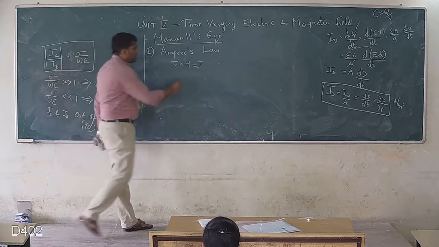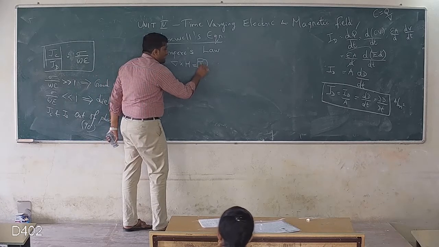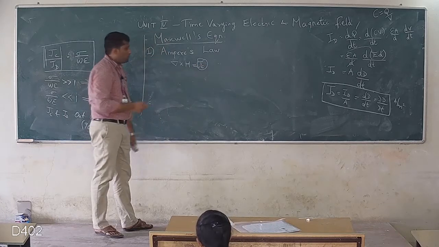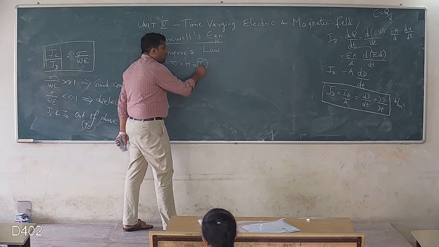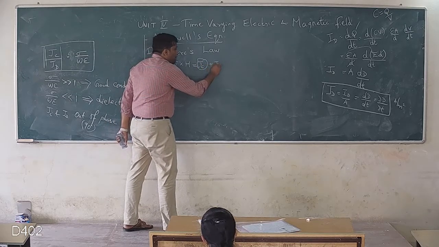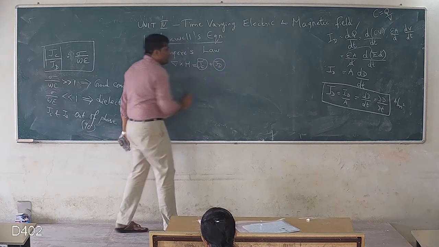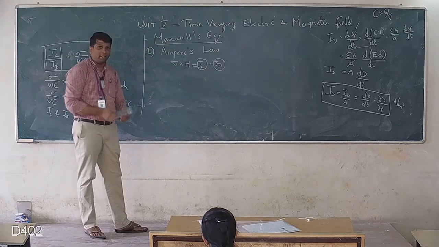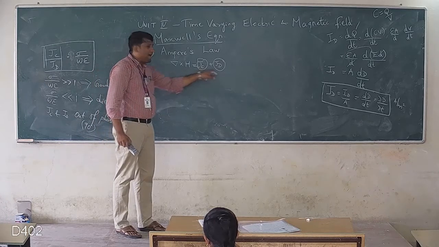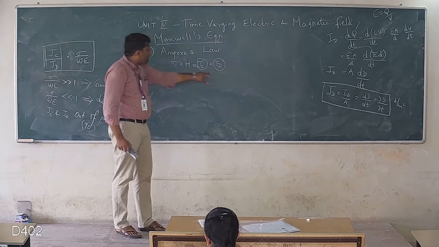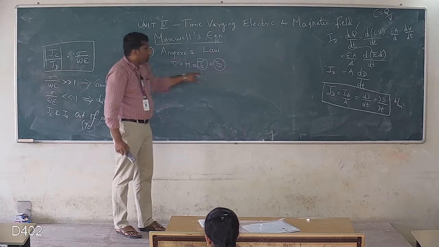But here the J, whatever we are saying, is conduction current alone. We can understand there will also be a current because of displacement current. So in order to add the displacement current, Maxwell introduced the JD term, which is nothing but displacement current density. Therefore the current is total current for a conductor as well as dielectric, and it will frame a complete equation, and this is your Maxwell's equation.